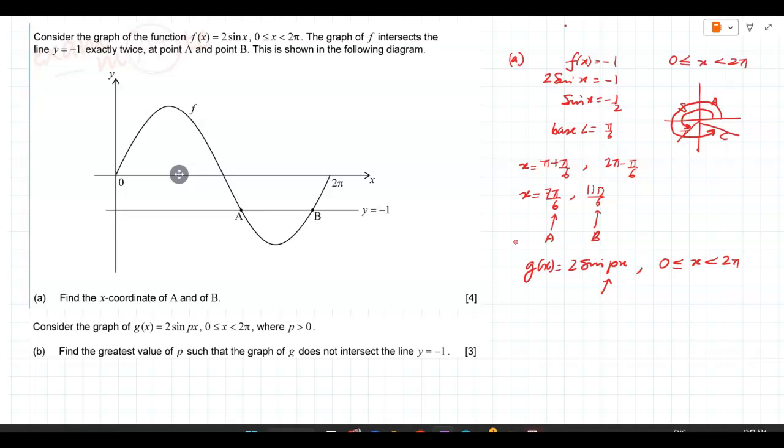So what is the horizontal stretch factor? 1 over p is the horizontal stretch factor. Now what you want is for the period of g to be such that this intersection should go beyond 2 pi.